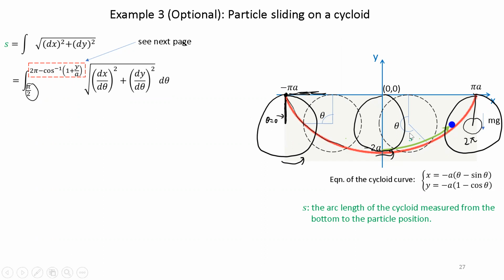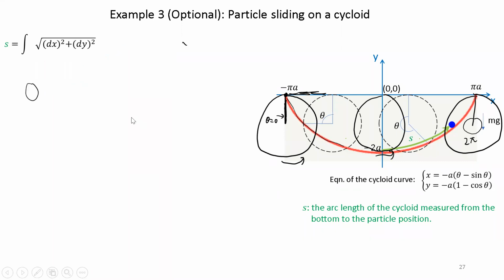Now when it's up to this point, the question is what is the theta value? I tell you that the theta value is given by this one. Why is it? Let me explain it first and I'll continue.